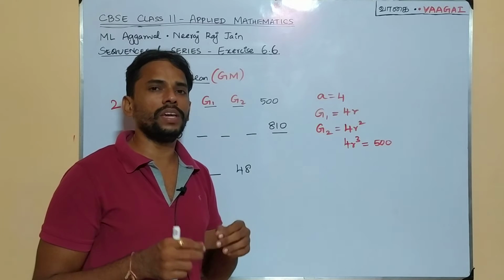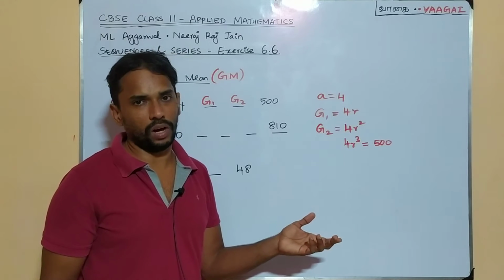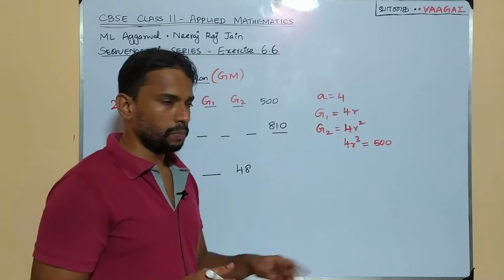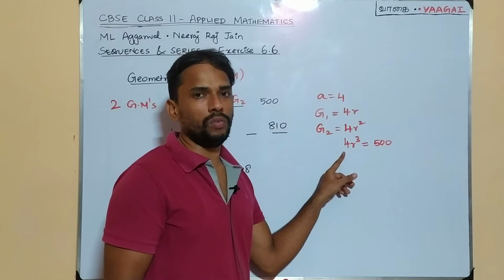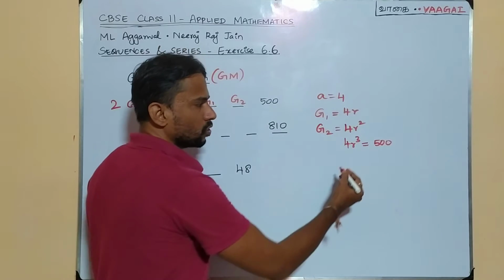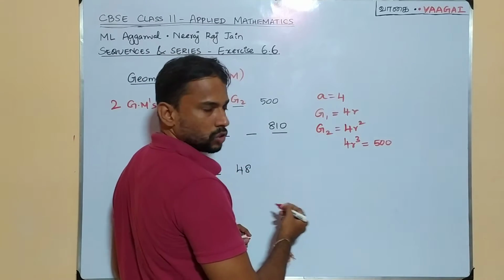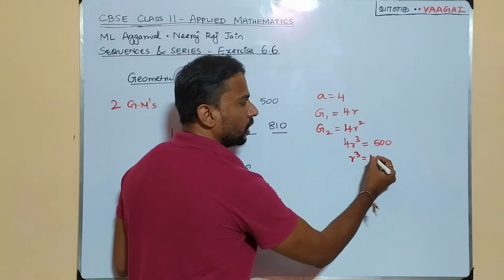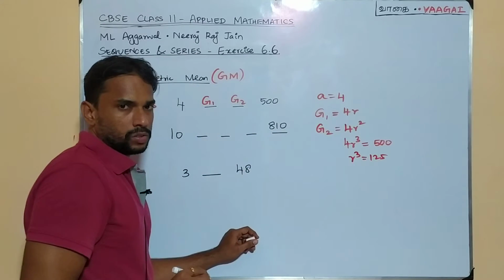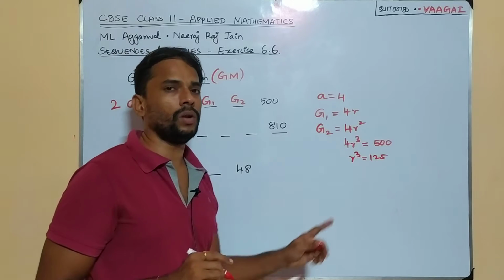So now it is very easy for us to solve for R. Shall we solve for R? Because we got an equation in terms of R. 4R cube is equal to 500. So that means R cube is equal to 500 divided by 4. That will be 125, because when you divide 500 by 4, you get 125.